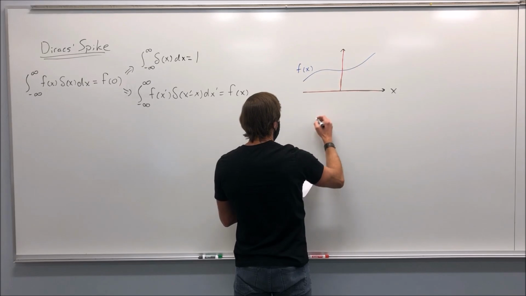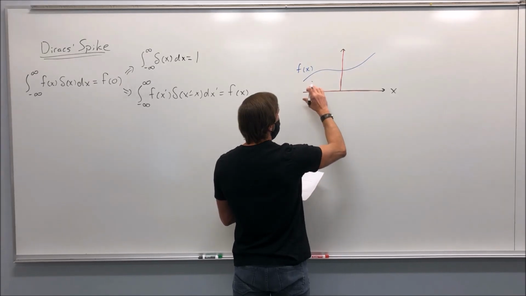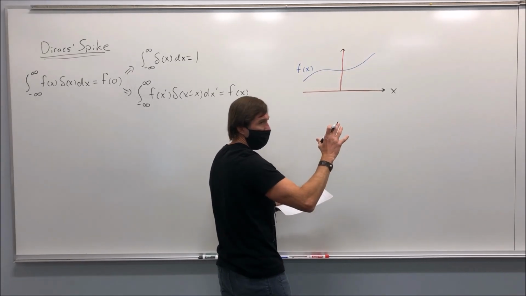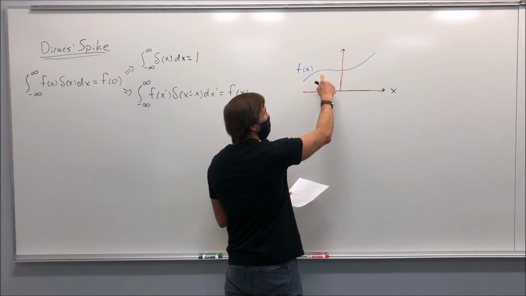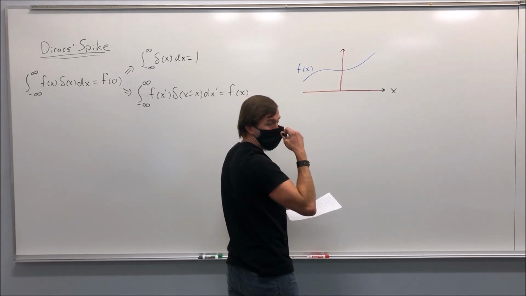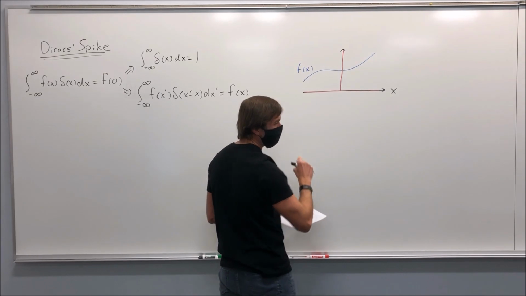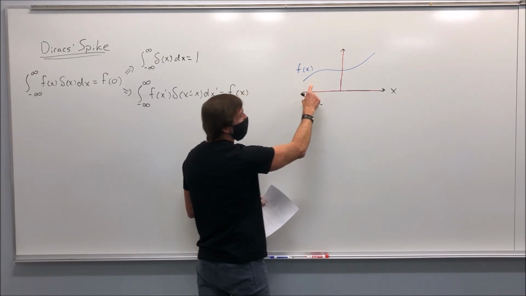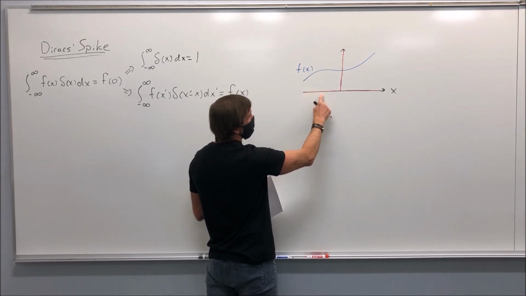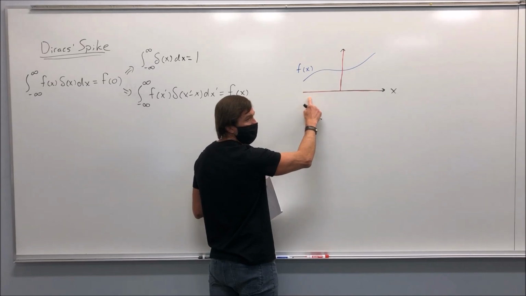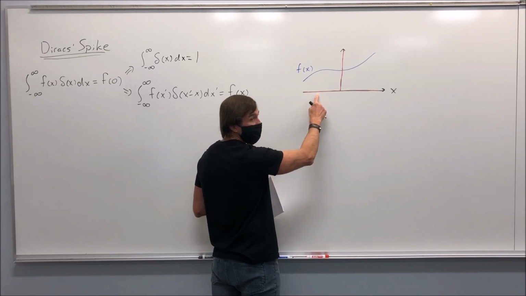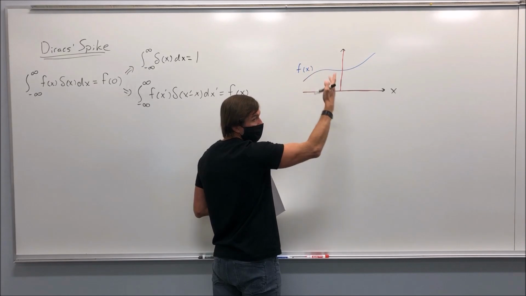So if I imagine doing the integral of the product of this function with the delta function. First of all, what's the contribution to the integral from regions over here? It's 0 because the delta function is 0 over here. So 0 times something non-zero is still 0.